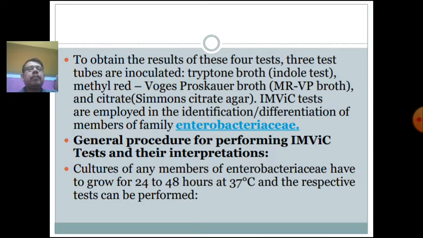Basically, this special type of Enterobacteriaceae can be identified by the IMVIC test in different broth cultures. Generally, cultures of members of the Enterobacteriaceae are grown for 24 to 48 hours at 37 degrees, and then the respective tests can be performed.